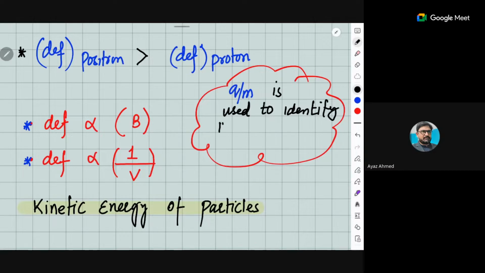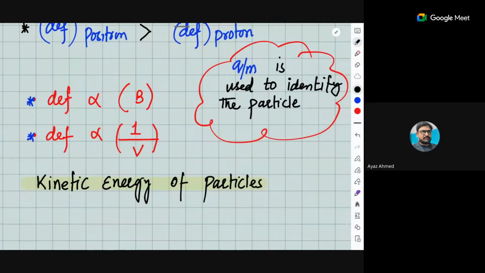If you have different particles in a stream of particles, then they can be identified by charge to mass ratio. This is also called specific charge. Is it clear to everyone?